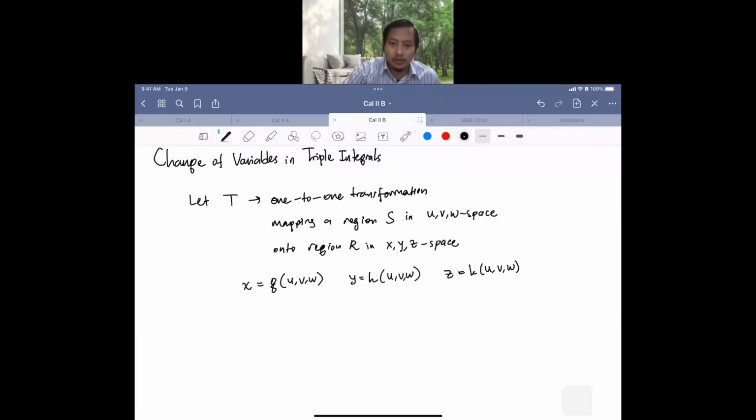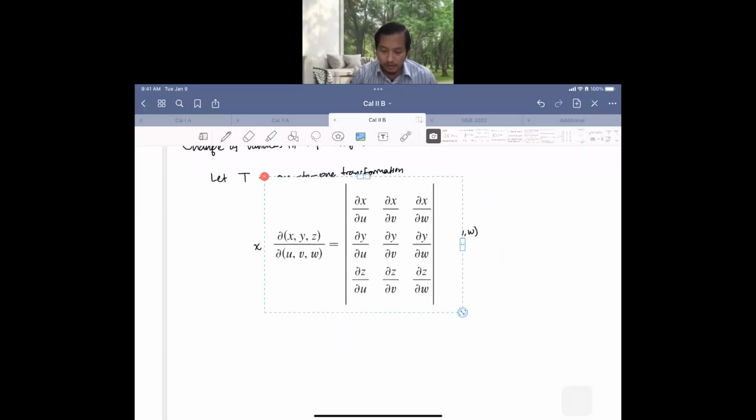Without any more proof for the Jacobian of this triple integral, because we have known the Jacobian for 2 by 2 determinants, now we will have 3 by 3 determinants, and I hope you still remember 3 by 3 determinants.